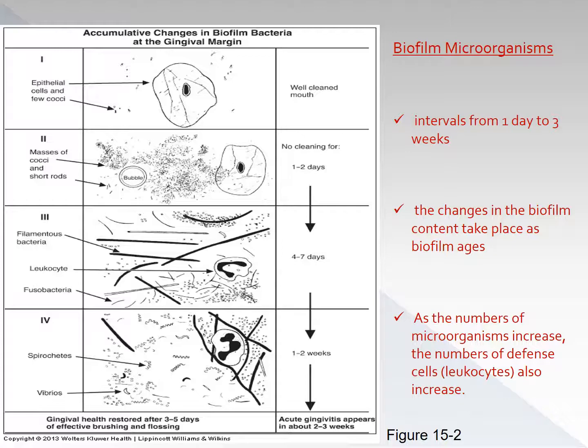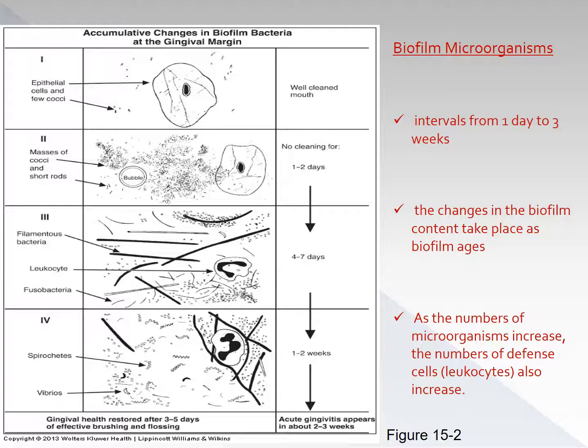Okay, so here's the day-to-day biofilm as it progresses. You're going to see epithelial cells and a few cocci. That's a pretty clean mouth. Then you don't clean for a couple days, you're going to start to see masses of cocci and short rods. Then as we progress to days 4 through 7 without being cleaned, you're going to see more filamentous bacteria, leukocytes and fusobacteria.